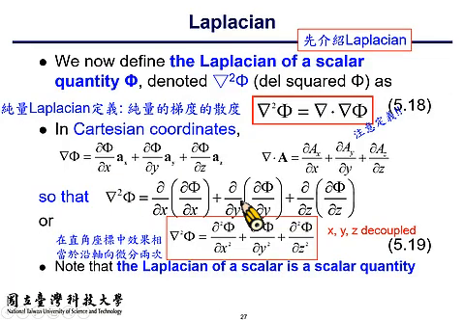That is the Laplacian, right? What is the significance of Laplacian? Well, Laplacian is a second-order spatial derivative. Laplacian operator is a second-order spatial derivative.